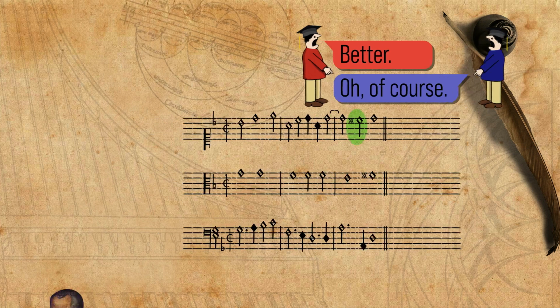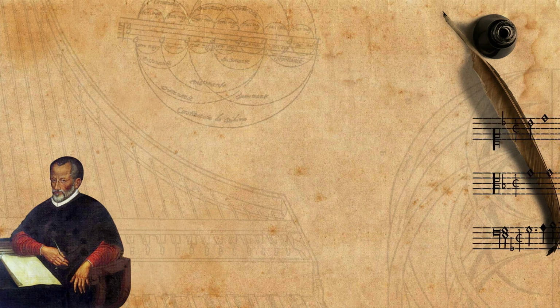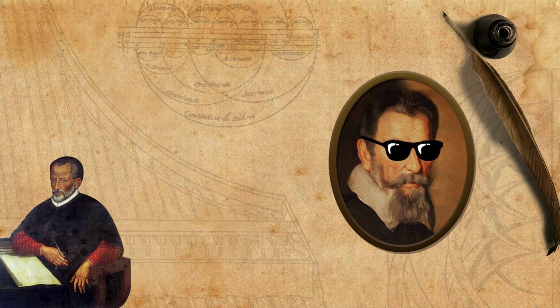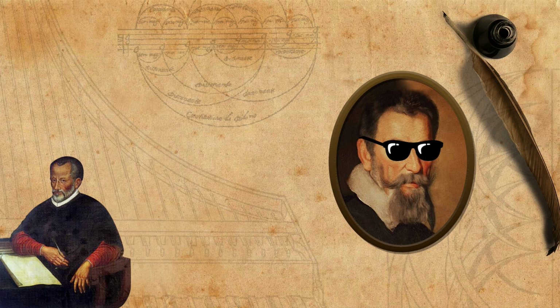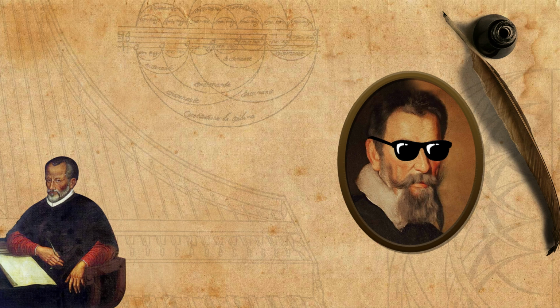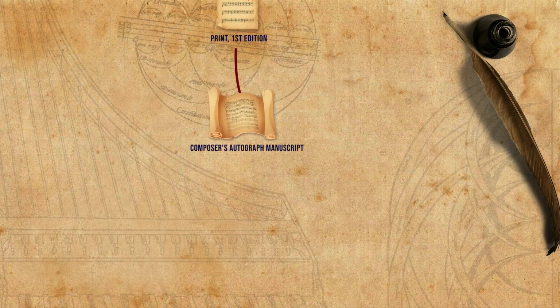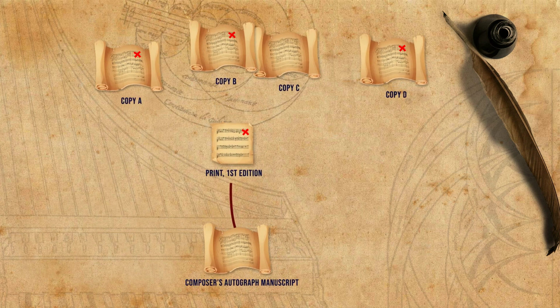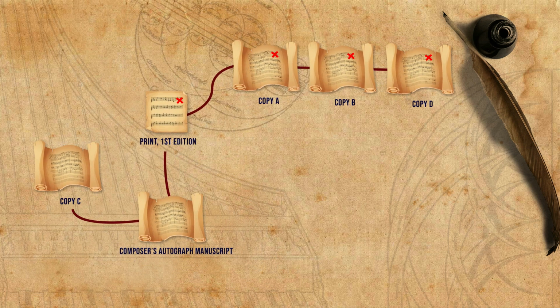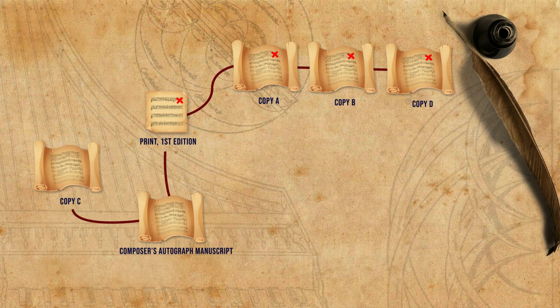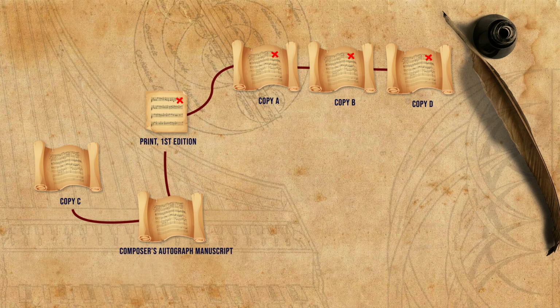Since, of course, a musical error in Palestrina's style, for example, would not necessarily be considered an error in that of Monteverdi. Sometimes errors are great, as they can help scholars determine whether one source is a copy of another source, and by this understand the stemma of the piece better.